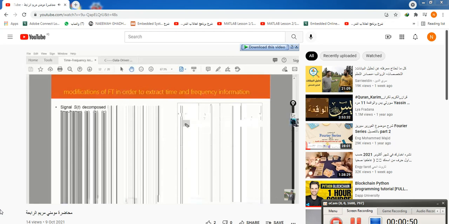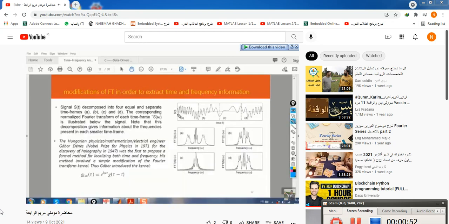As you remember, I said that SAT contains these changes, okay? And these blue changes are too smooth. Then the frequency of these blue changes is related to low frequency.